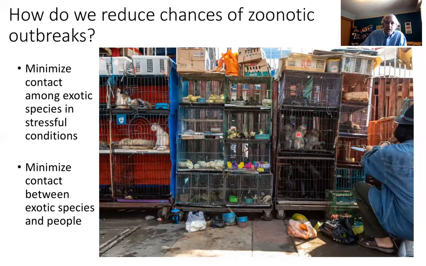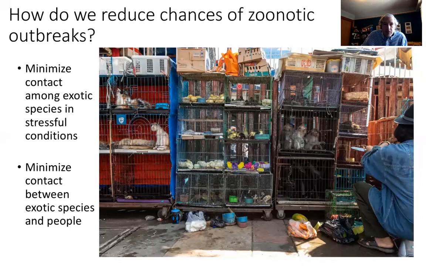So what you're doing is you're placing a lot of stressed animals in close proximity, and you're generating the perfect conditions to cause a disease or a pathogen to jump between species. And remember, once a disease has jumped once, it increases its ability to jump a second time.